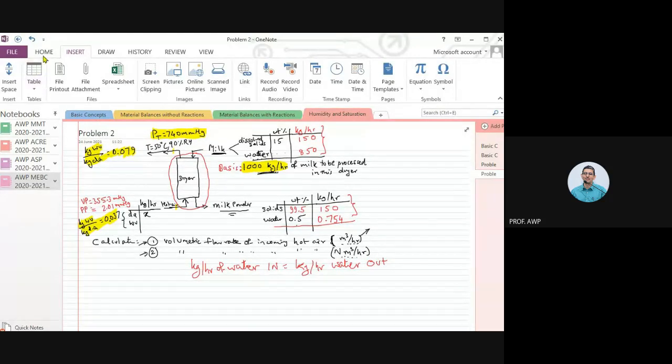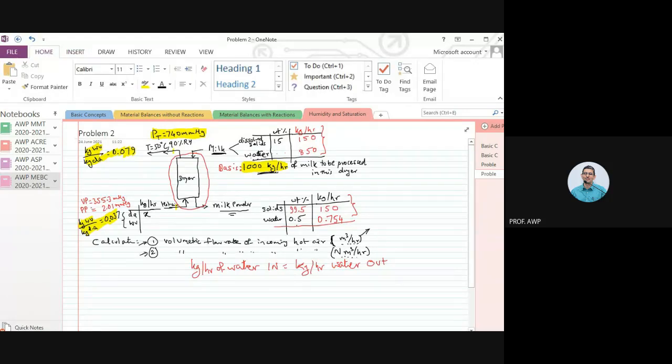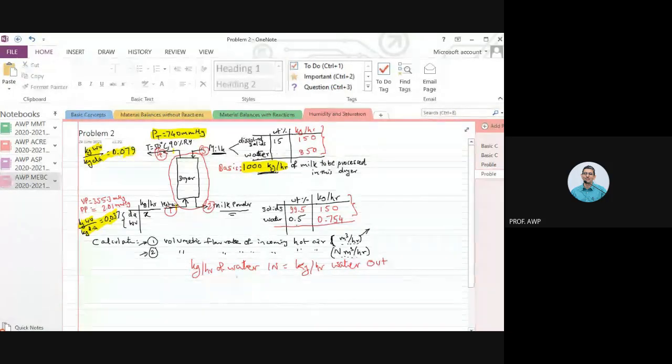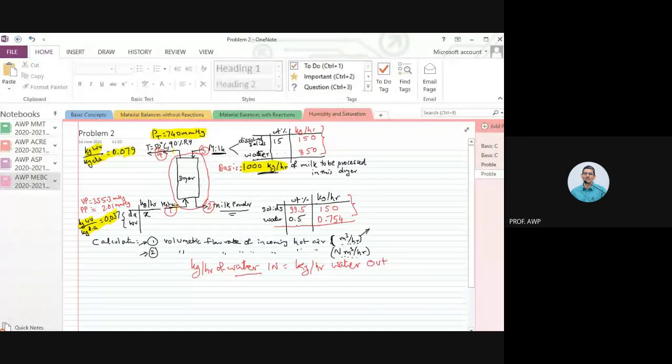If we call these stream number 1, 2, 3, 4, water comes into this red control volume from stream number 1 and stream number 3. From stream number 1, the amount of water coming in is x multiplied by 0.037, from the hot air stream. Do you agree with this?